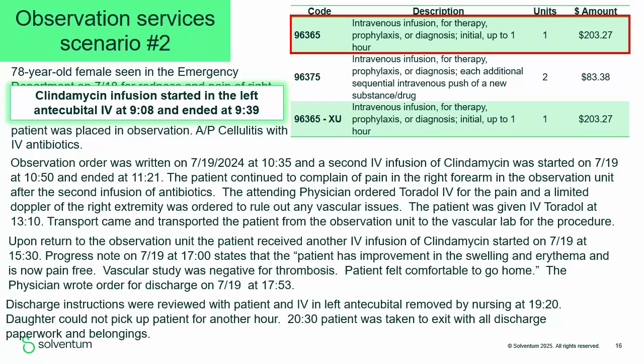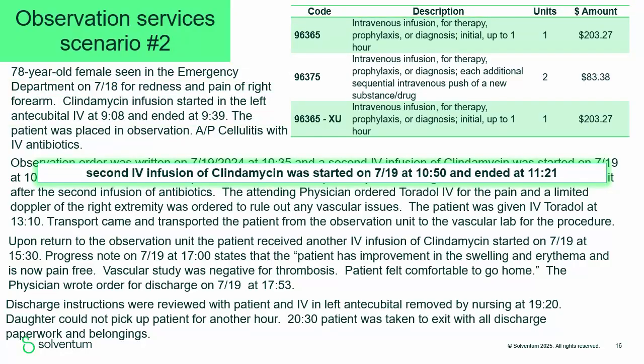The second infusion is also 31 minutes, and this is not correct because it does say second infusion, but it does not mean that a second line was inserted, or at least we don't have that documentation to support 2 lines being indicated.